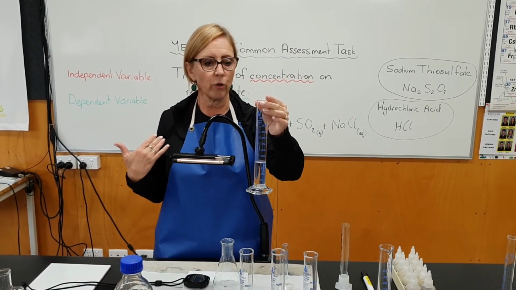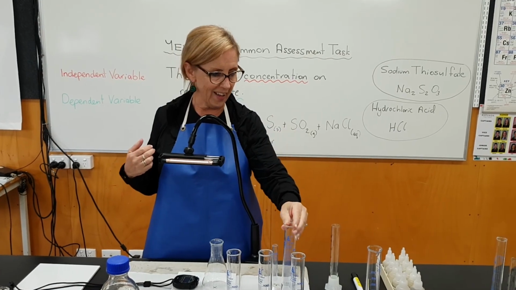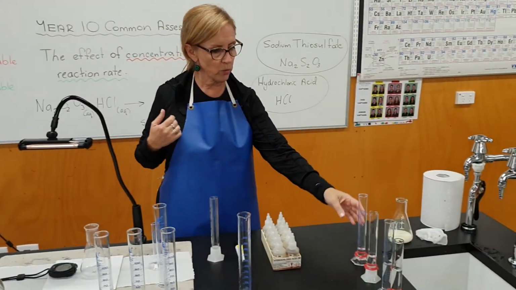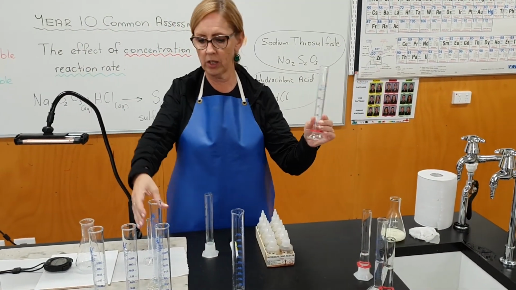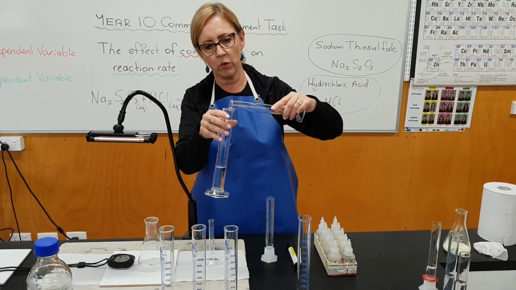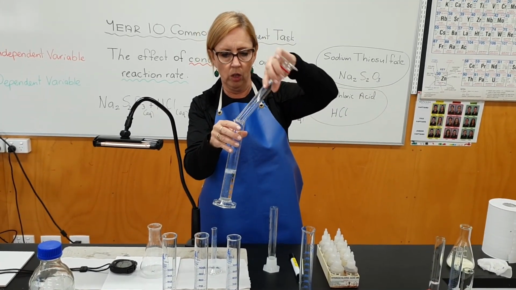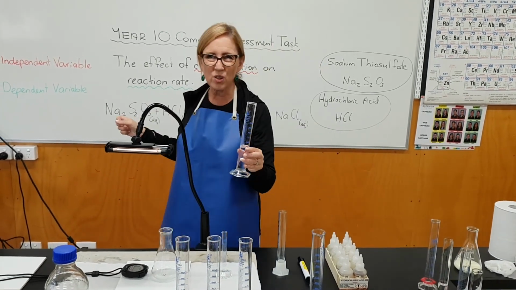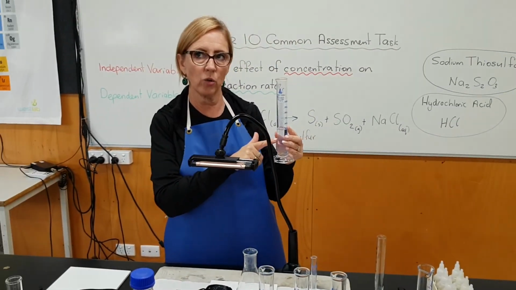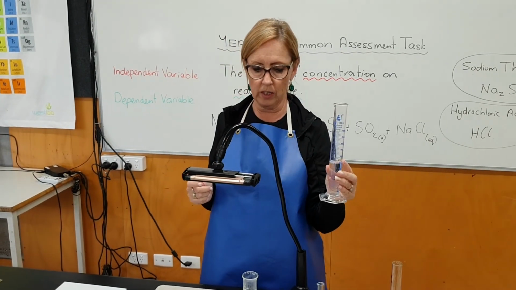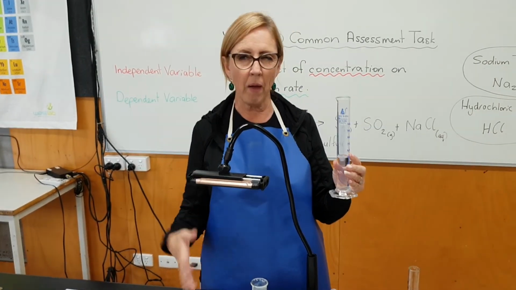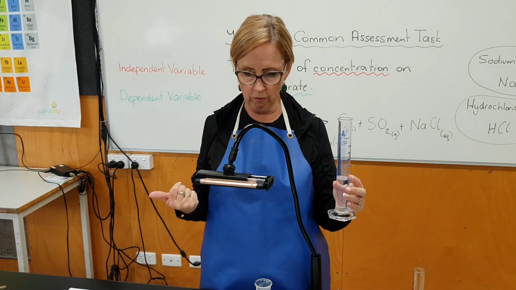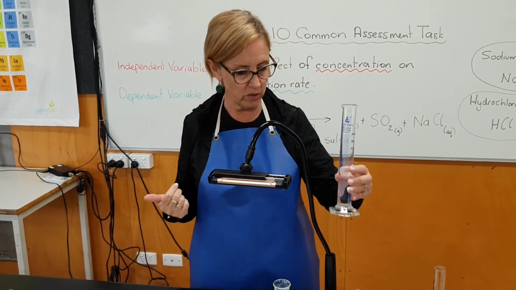The way we're going to dilute that is we're going to add 10 mils of water, pre-measured here, into the solution here. So compared to the first solution that we were using, we now have less particles of the thiosulfate solution in here. So think about what you might be expecting from this reaction when we do this.